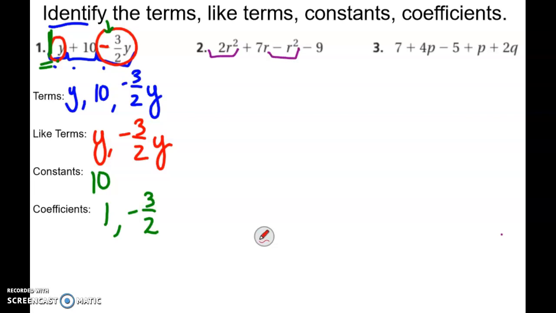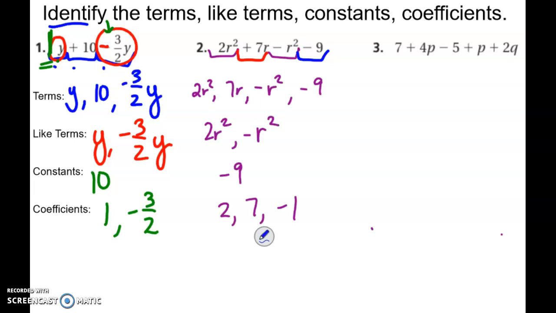And then if I change colors, I have plain r's and a plain constant. Okay, notice that when I color code and underline, my terms all fit right together. I don't leave anything out, no gaps in between them. Okay, so now go ahead and see if you can write down what the terms are, the like terms, the constants, and coefficients, and then we'll check it. So pause, fill it in, and then we'll check.